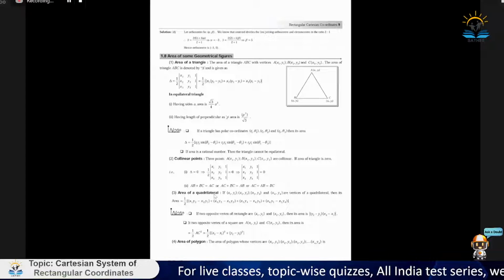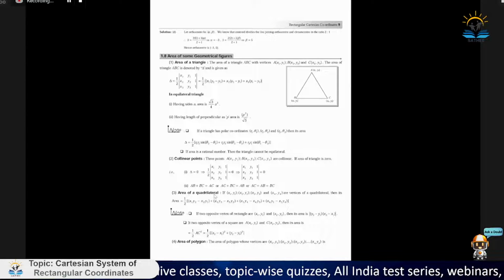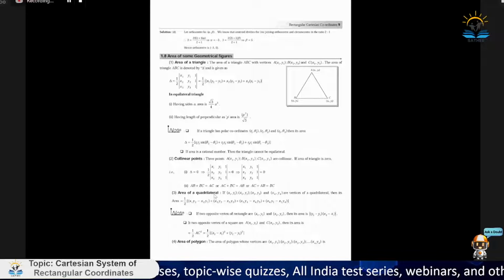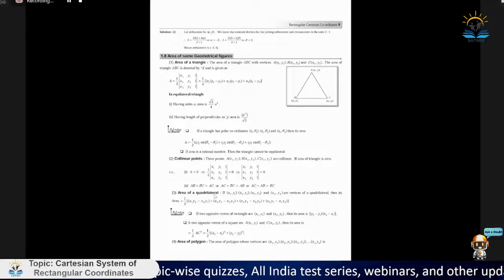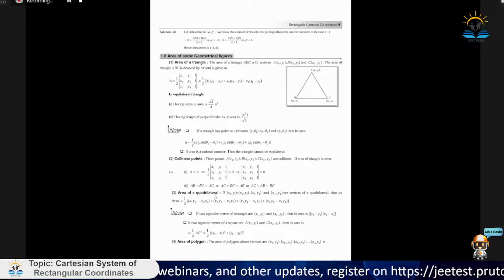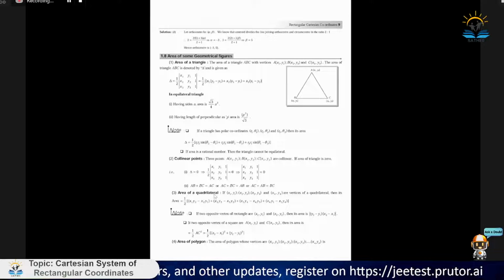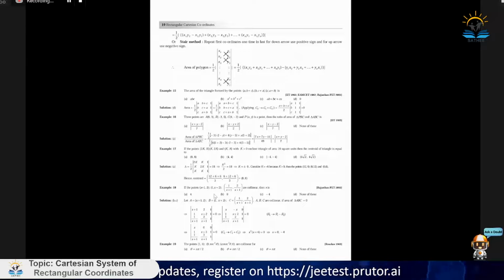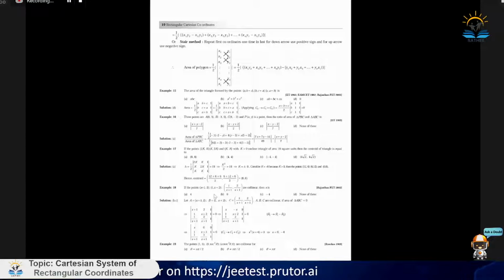If you are given the two opposite vertices of a square, then the area would be diagonal square by 2, which is nothing but half of mod of (x2 minus x1) whole square plus (y2 minus y1) whole square. In a similar fashion, if you want to find a polygon area formed by the coordinates, it would be in this fashion. Or we can use the delta method here.